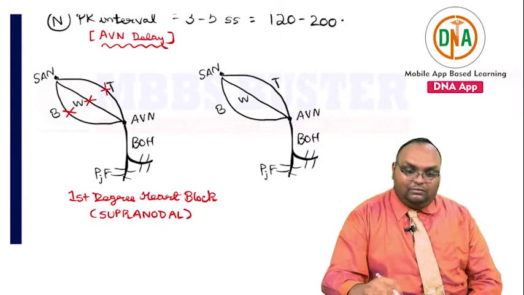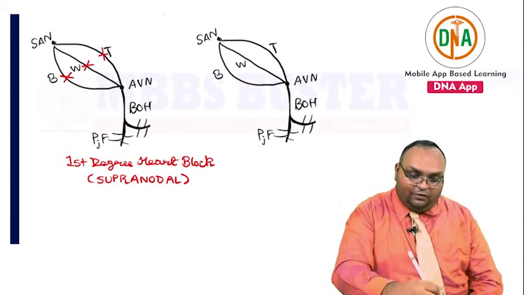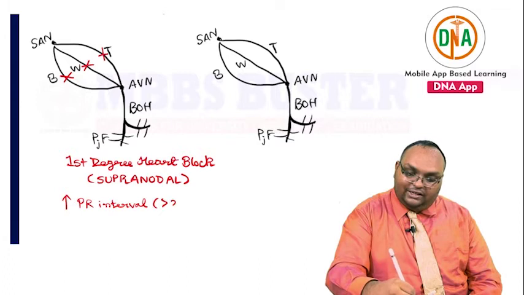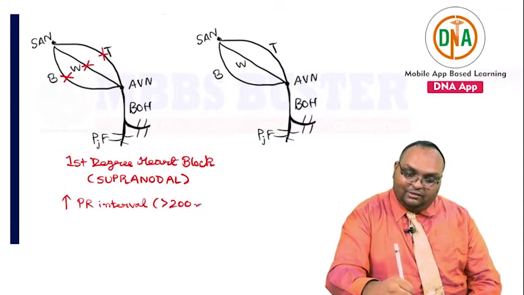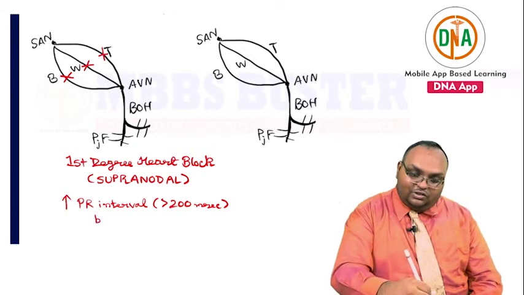And in very short, if I were to tell you what would you find on the ECG, you would find an increased PR interval. Increased, what do I mean by increased? It is more than 200 milliseconds or 5 small squares, right? But it is more or less constant. It does not vary.